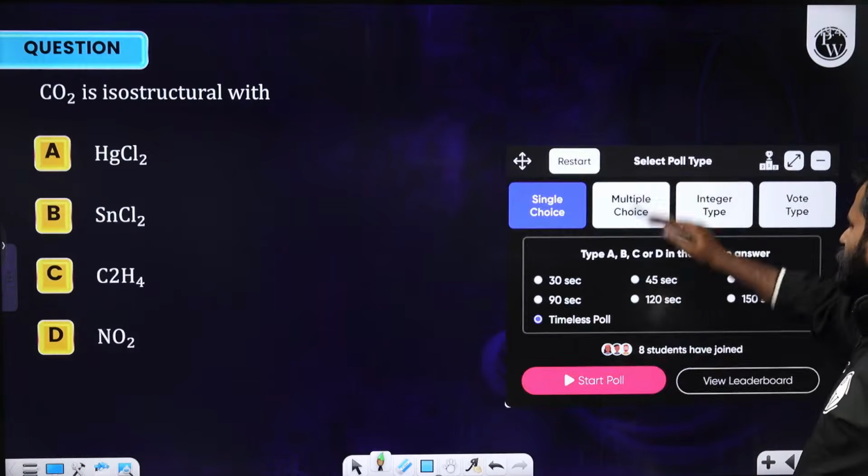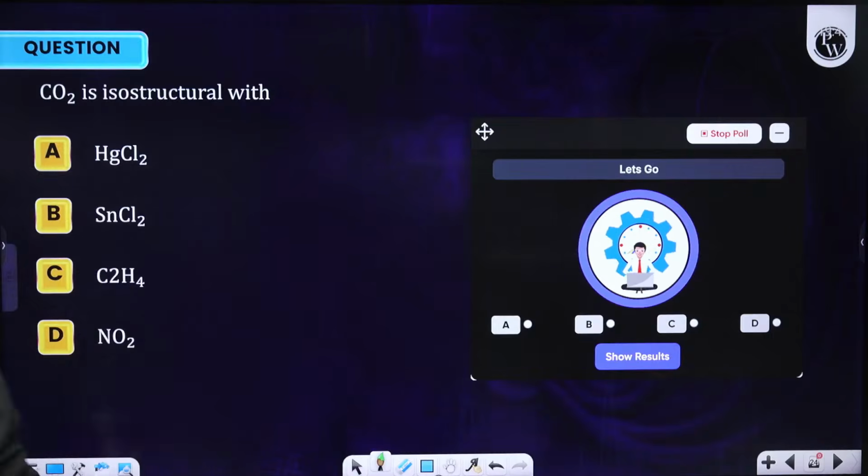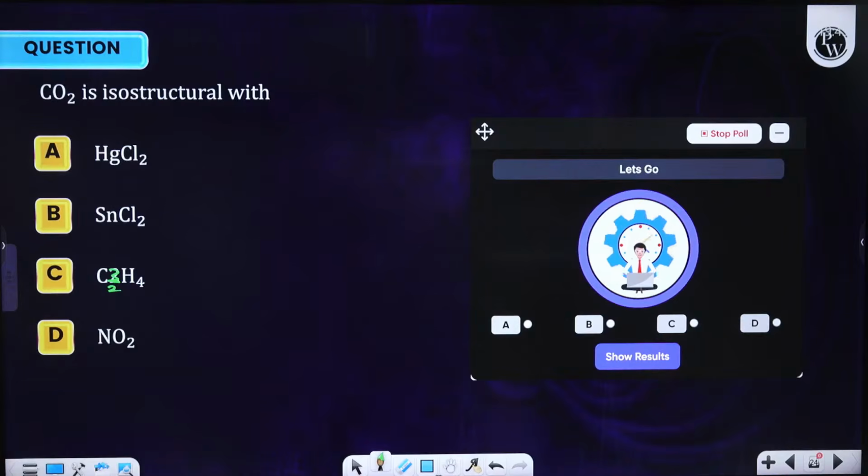CO2 is isostructural with NO2, C2H4, SnCl2, HgCl2.